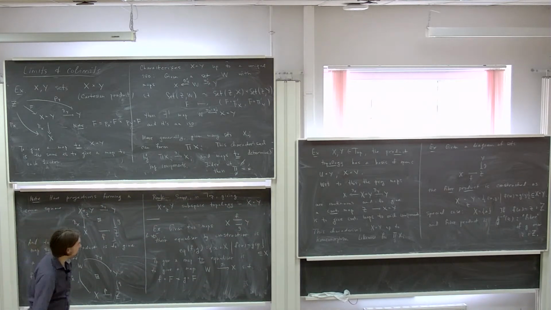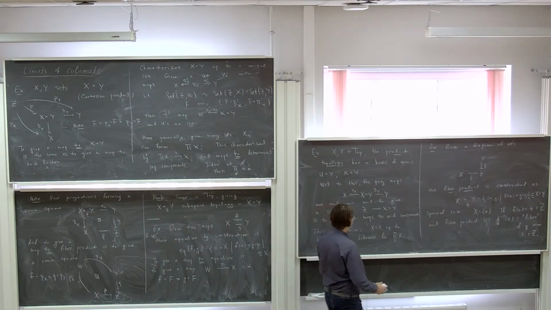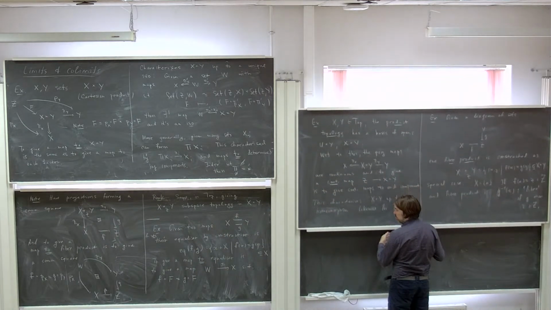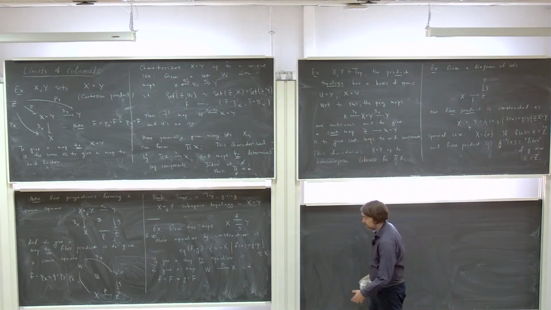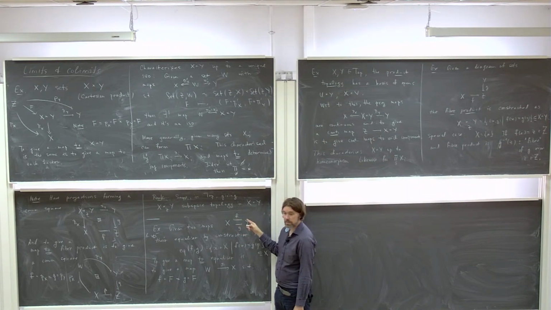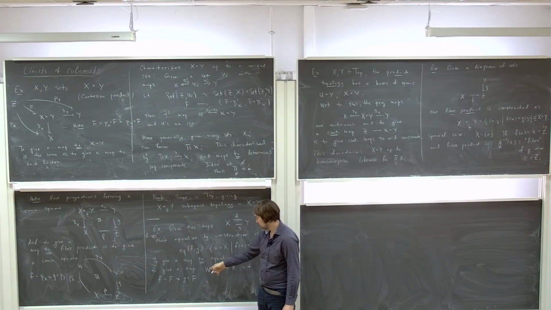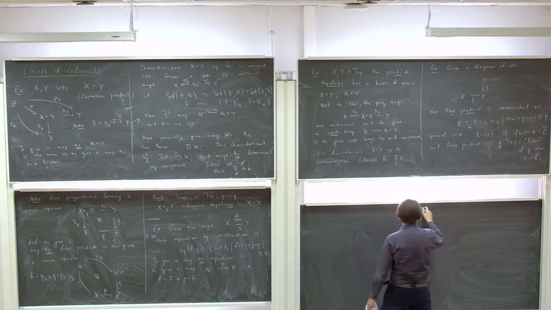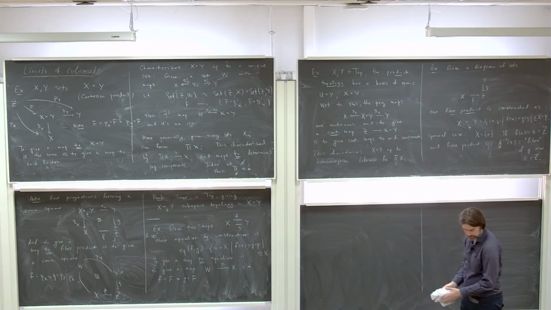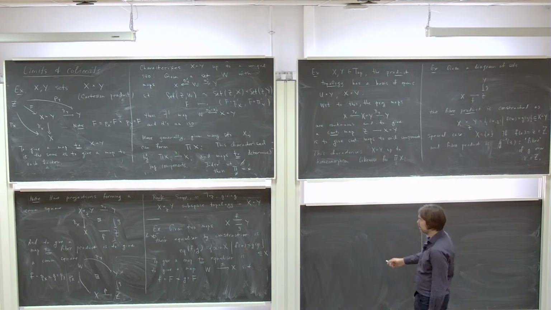So that characterizes the equalizer up to isomorphism. It's some set with a map to X such that the two composites are equal. And to give a map to it is to give a map to X with those properties. So any other one factors through this one. Okay, very good.